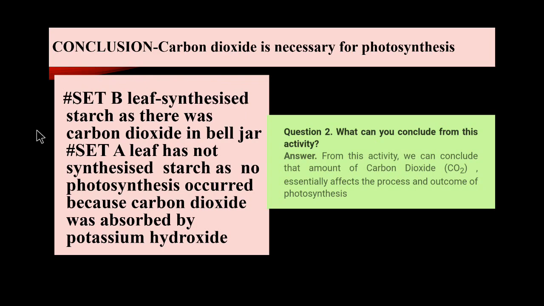Okay, so what is the conclusion arrived at after observing the leaves? So the leaf of set B, which turns blue black, synthesized starch with the help of photosynthesis. Okay, that means there was carbon dioxide in the bell jar, because there was no potassium hydroxide.